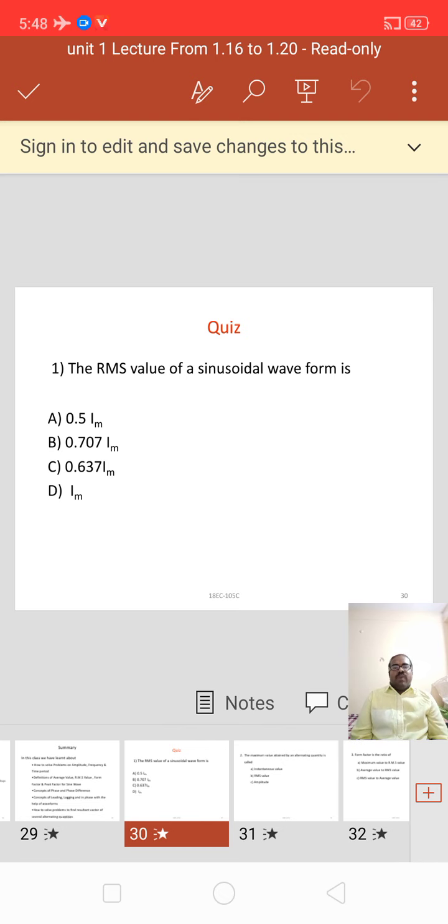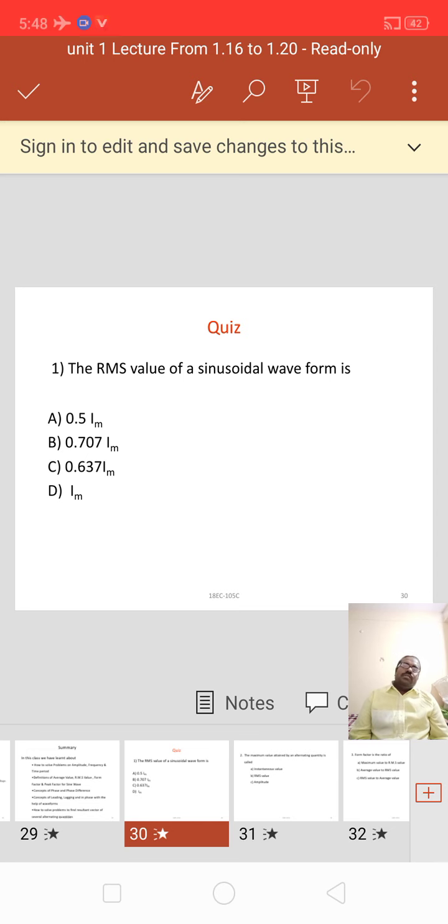The RMS value of a sinusoidal waveform equals: A 0.5 Im, B 0.707 Im, C 0.637 Im, D Im. These are the values given for the RMS value of a sinusoidal waveform. By recall of the previous lesson, RMS value is equal to 0.707 Im.